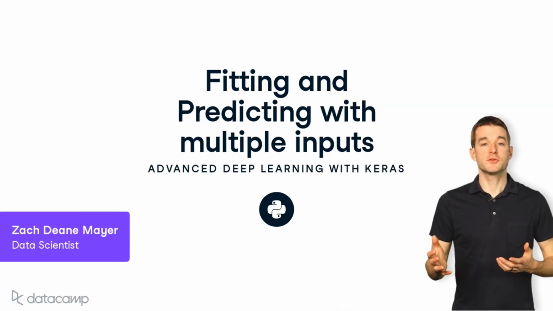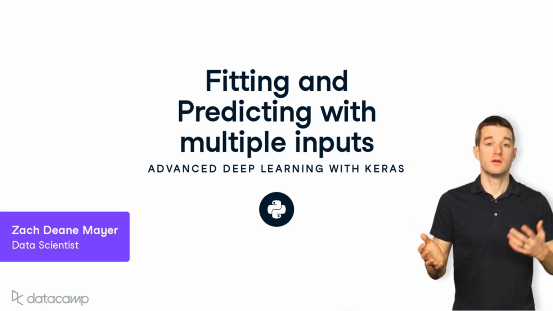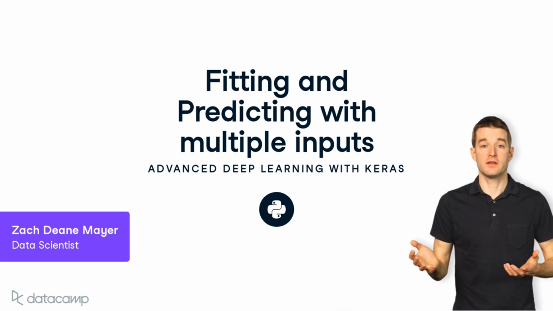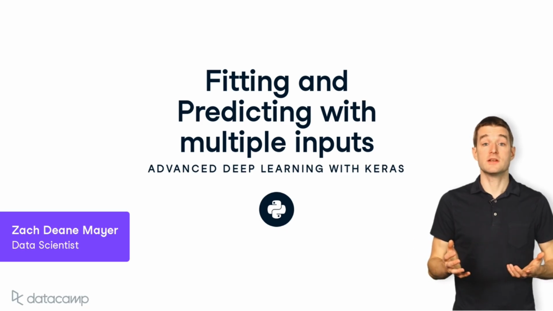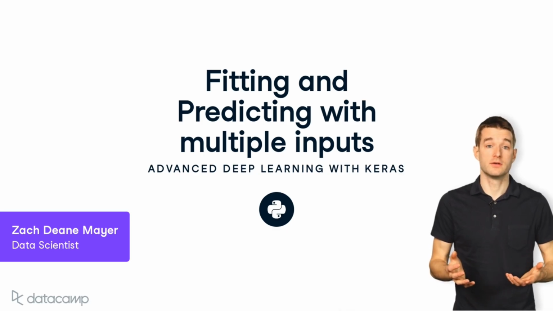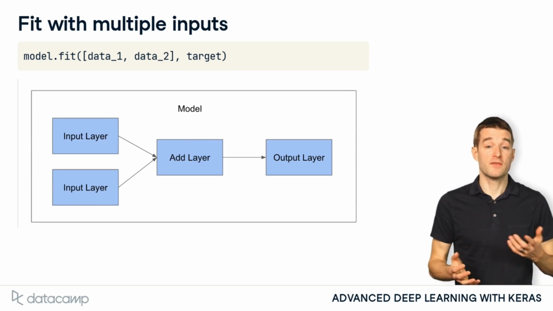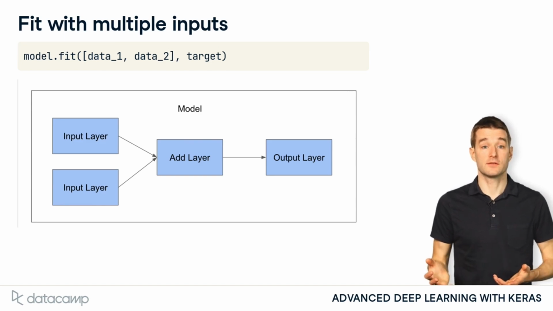Keras models with multiple inputs work just like Keras models with a single input. They use the same fit, evaluate, and predict methods. The only difference is that all of these methods take a list of inputs rather than a single input. To fit a model with multiple inputs, provide the model a list of inputs.